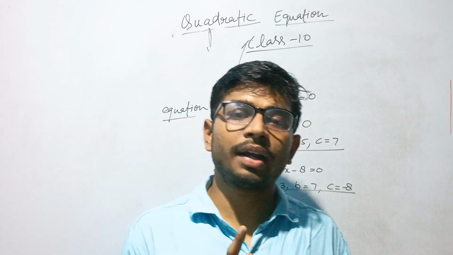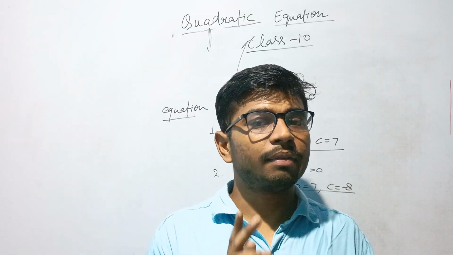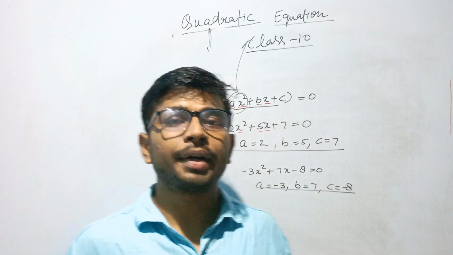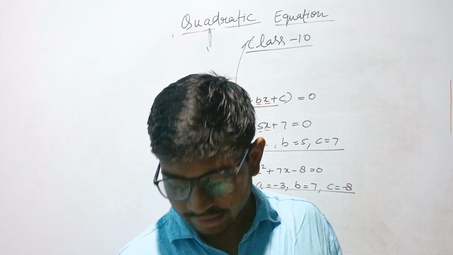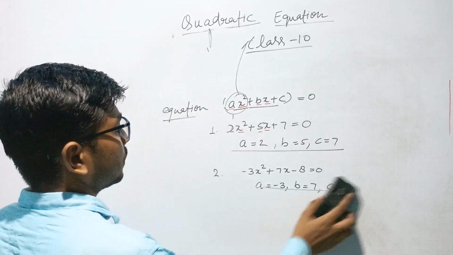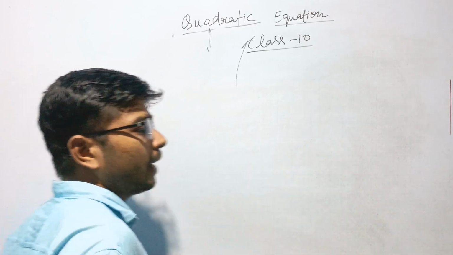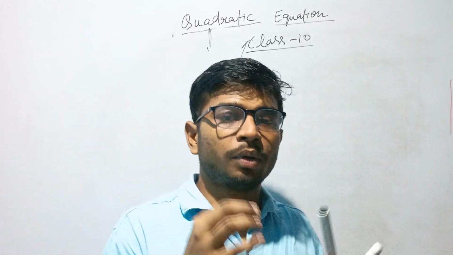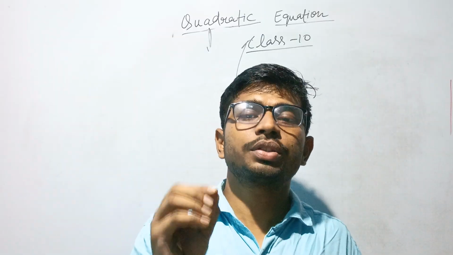First thing we learned, a should not be equal to 0, and second thing we have learned how to compare the quadratic equation. Now third thing we have to learn: if they give you multiplication of terms or any other question, they can ask to check whether this is quadratic equation or not.